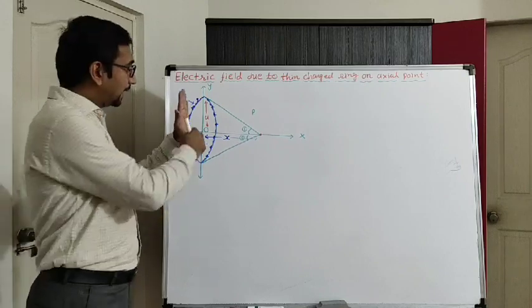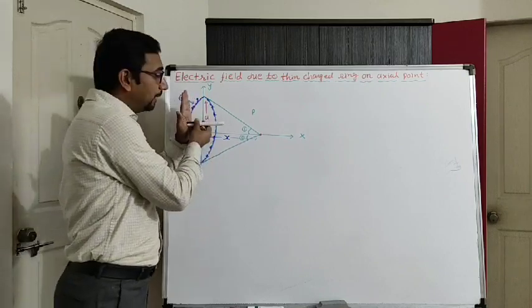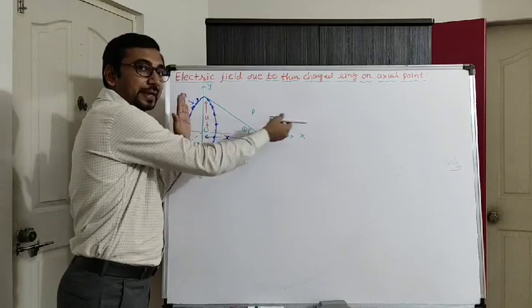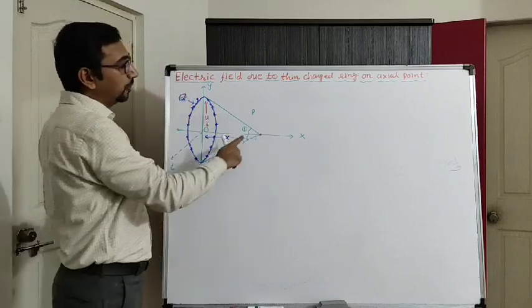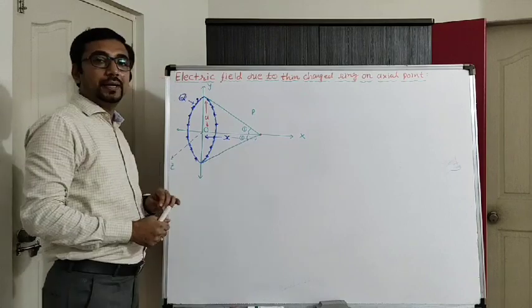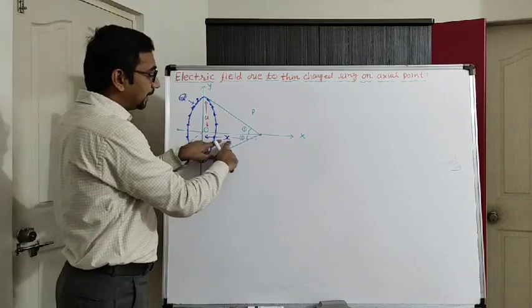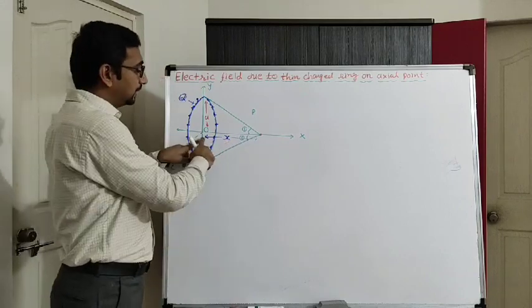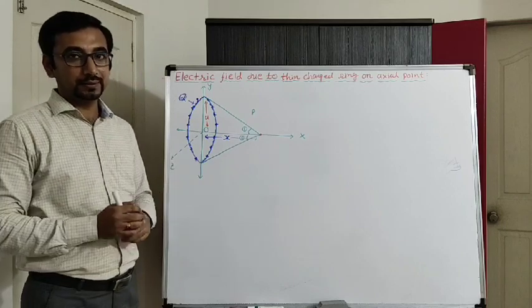That means axis of the ring will be along the x-axis, and suppose we want to find out electric field at point P which is at distance x from center of the ring.